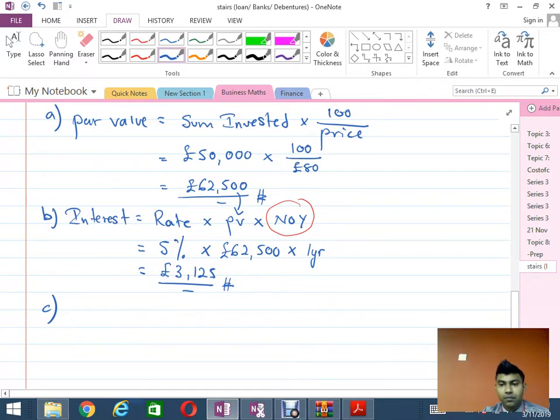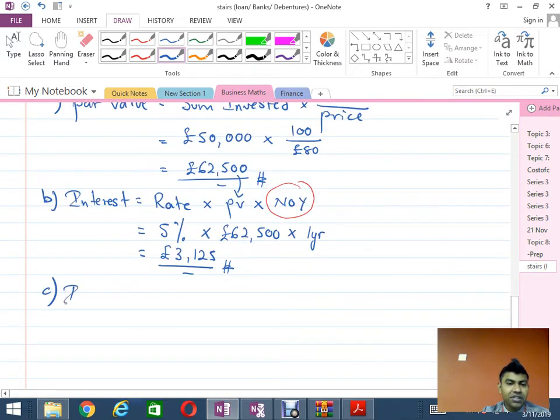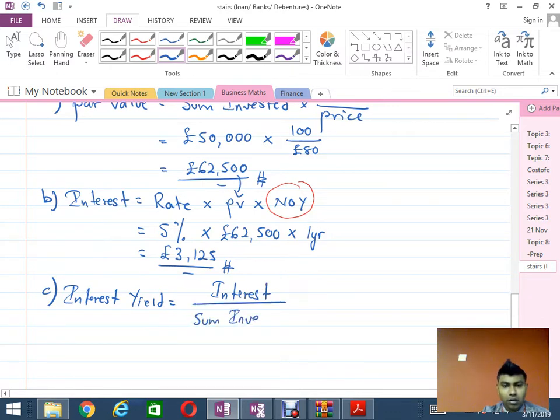C. What do you want in the C? They want the yield, meaning interest yield. So you take your interest divided by sum invested times 100. Interest we already have, 3125.